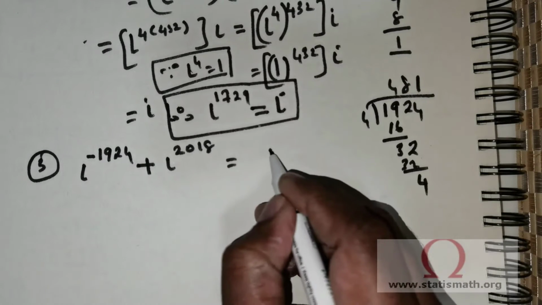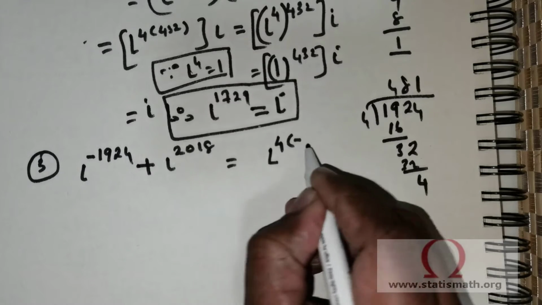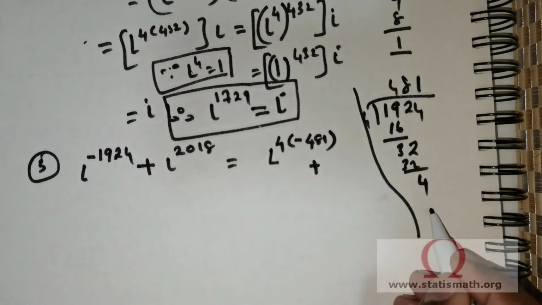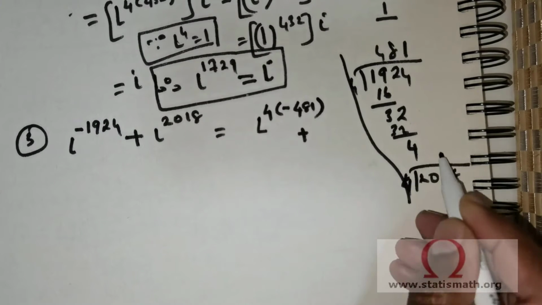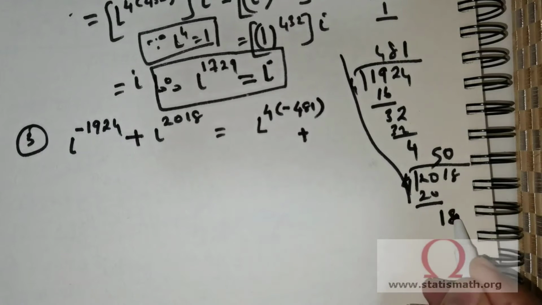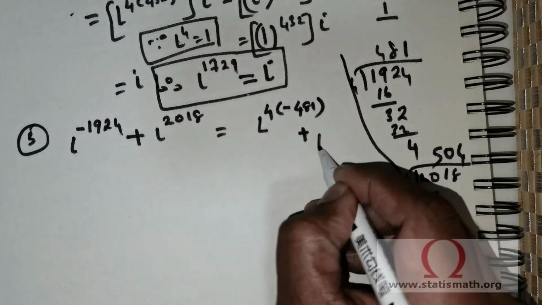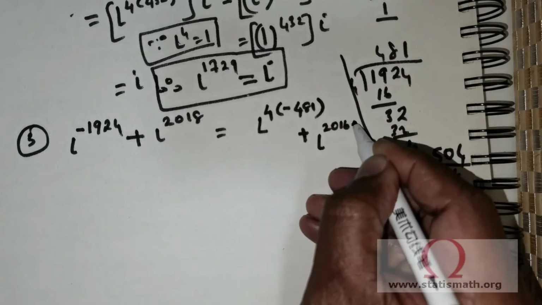So I can rewrite this as i raised to the power 4 times negative 481, plus, now let me find what happens to 2018 when divided by 4. 4 fives are 20, you bring down 1, 0, you bring down 18, 4 fours are 16, so you have a remainder 2.